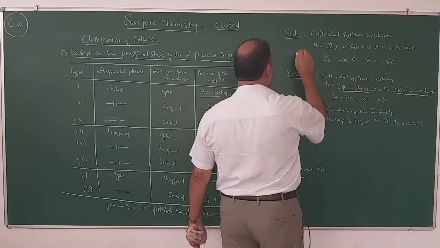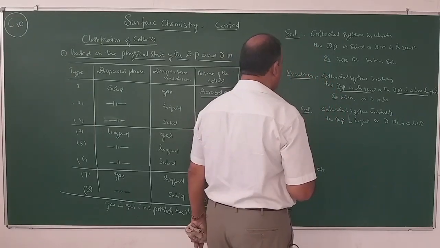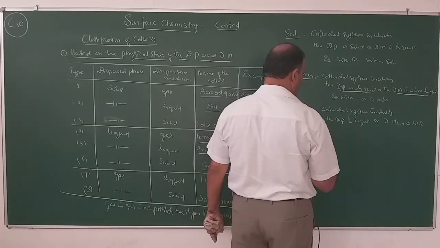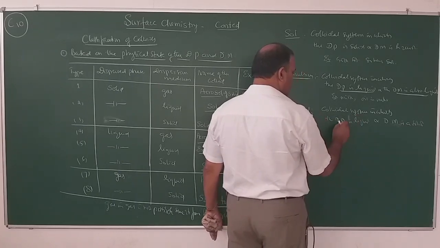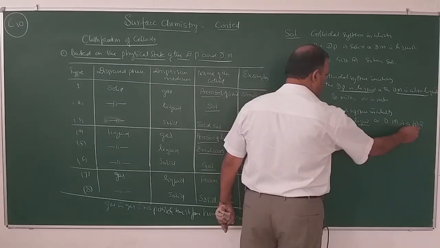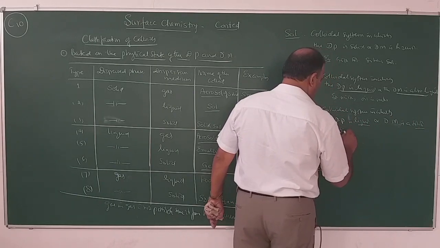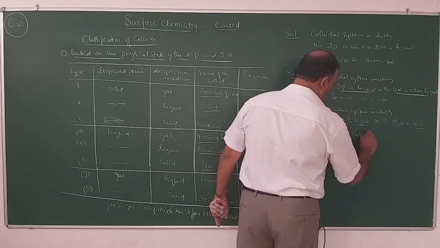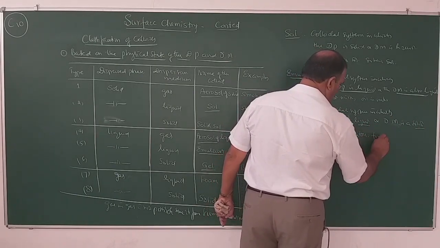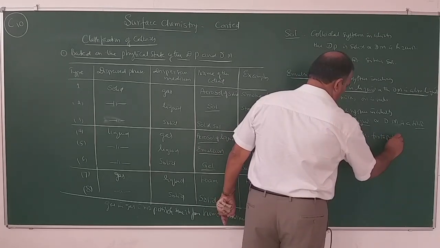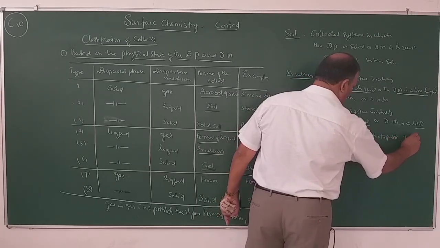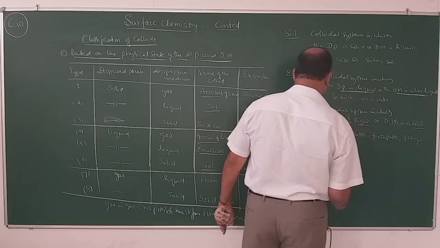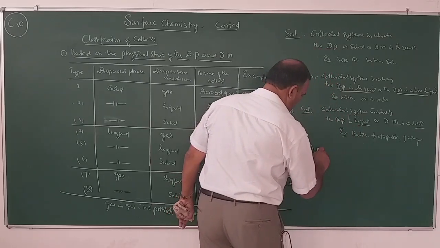So all these are very important. They will be asked in the examination for 1 marks. So gel, colloidal system in which dispersed phase is liquid and dispersion medium is solid. Example, butter, toothpaste, jellies, jams, etc. And lastly, what is aerosol?